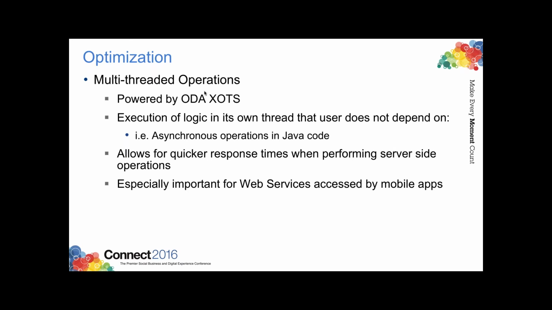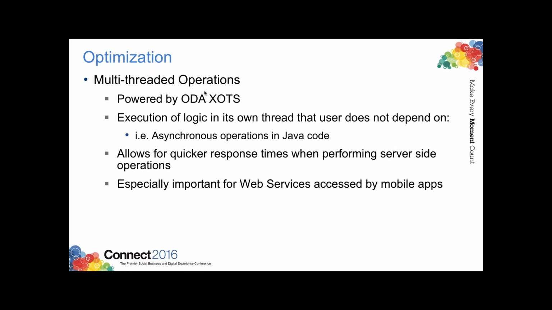And the chances are that quite a bit of the logic that runs, the user doesn't necessarily need to wait for. And so multi-threaded operations really give us the ability to place that logic in a separate thread so that it can do what it needs to do in the back end without the user having to wait for anything to finish running.